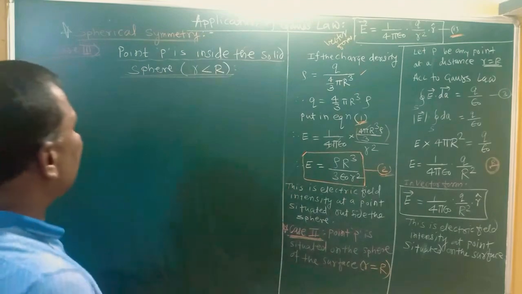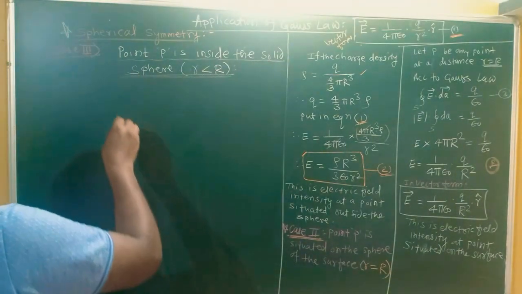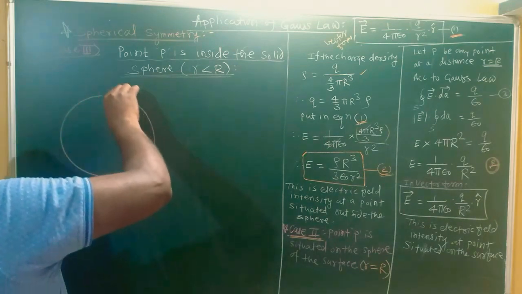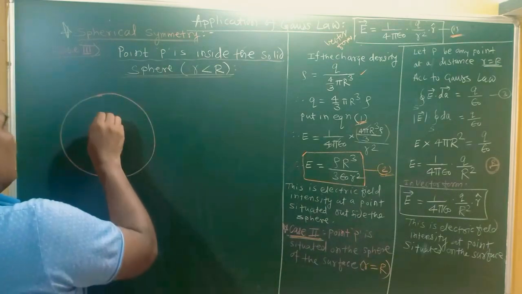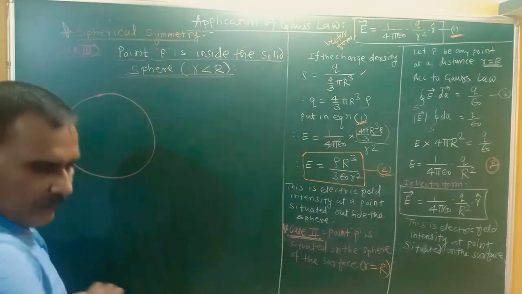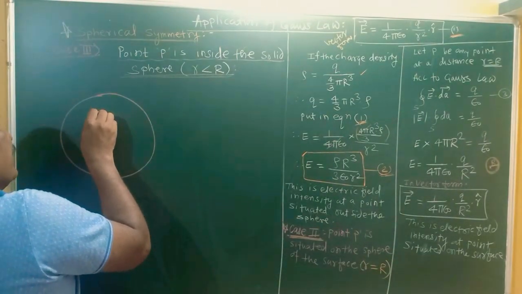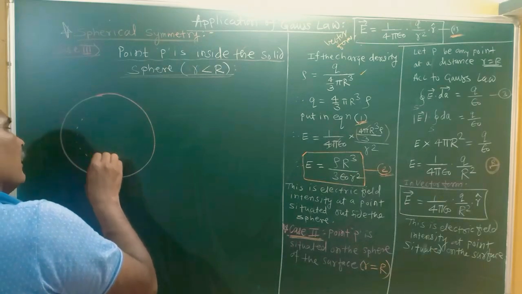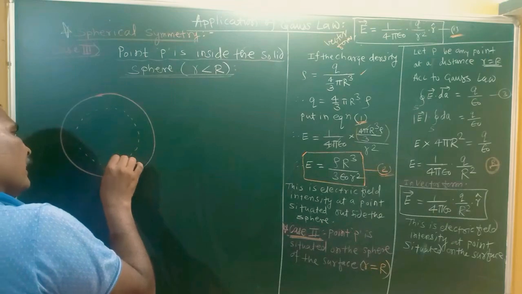Now draw the figure first of all. Again we consider a sphere, and inside it an inner sphere. Point P is on this Gaussian sphere.